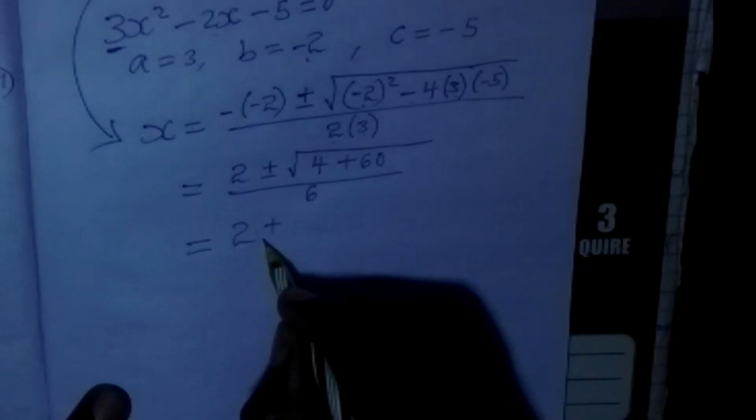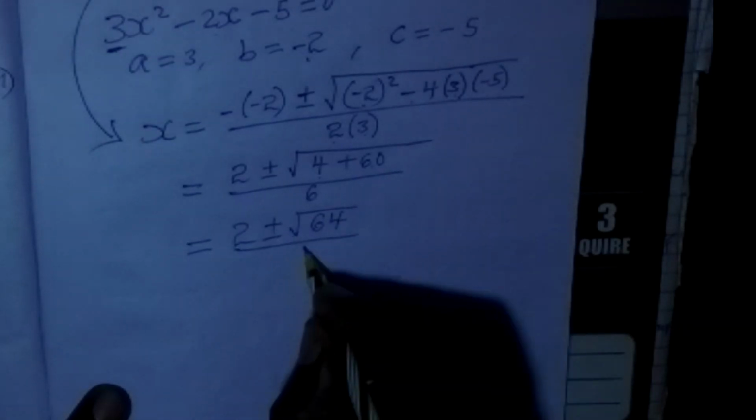This will be equal to 2 plus or minus square root of 4 plus 60, that is 64, all over 6. We end up getting 2 plus or minus the square root of 64, which is 8, all over 6.